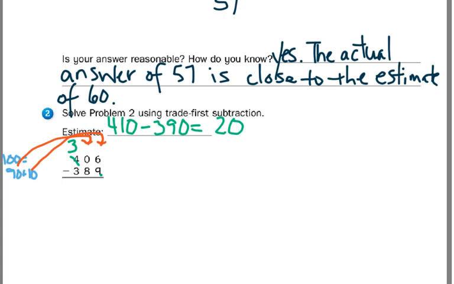So cross out the 0, and the 0 now becomes a 9. And the 10, we add it to the 6, and now it becomes 16. Now, 9 we can take from 16, and we get 7. And 8 from 9 is 1. So we are really close to our estimate of 20, right? Yay!